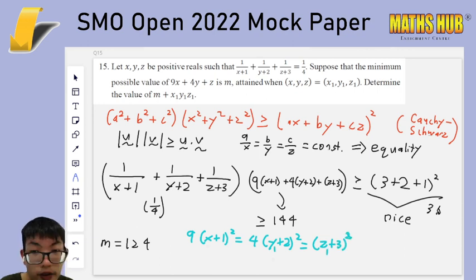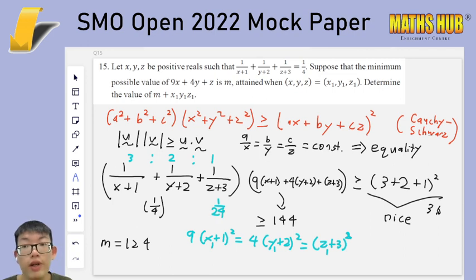I should probably indicate that I mean the equality case, so I'll use the x1, y1, z1 in the question. It means that simply the x1 plus 1, y1 plus 2, and z1 plus 3 are in the ratio 1/3 is to 1/2 is to 1. So their reciprocals would be in the ratio 3 is to 2 is to 1. And so they split up the 1/4 in the ratio 3 is to 2 is to 1, meaning that this should be 1/6 of 1/4, so 1/24.